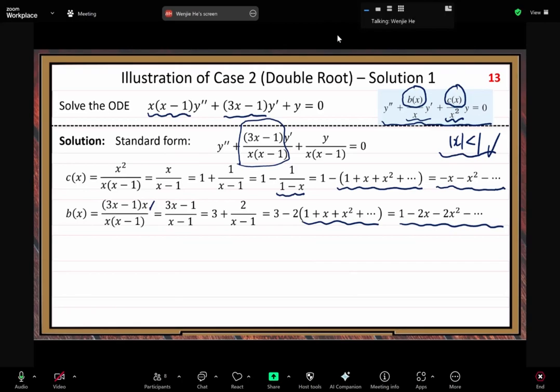the indicial equation, right? Lucas, any question? I'm a little confused. We do the algebraic manipulation, we get 3x minus 1 over x minus 1 equals 3 plus... Is it the same thing where you're just examining it? Right. This middle term is the same as that, so you can make them equal. Then you try to find B of x.